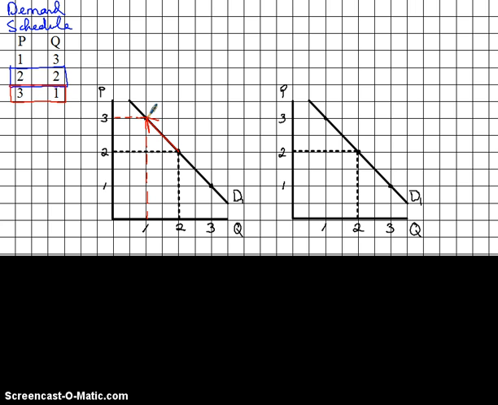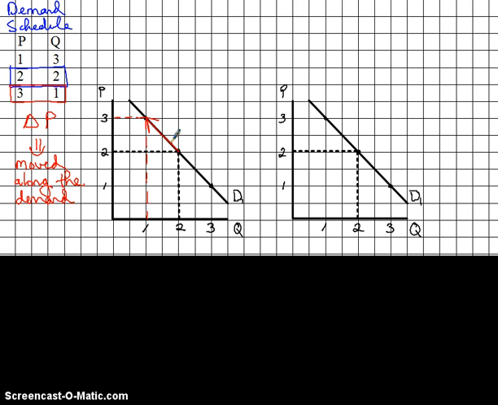So we have very specific language for this. We say that whenever there is a change in the price of the good, in this case there was an increase in the price, then the language we use to describe this is we say that we moved along the demand curve.